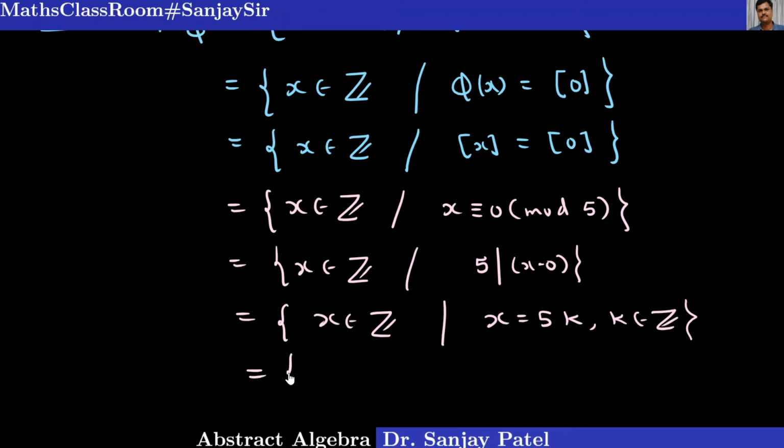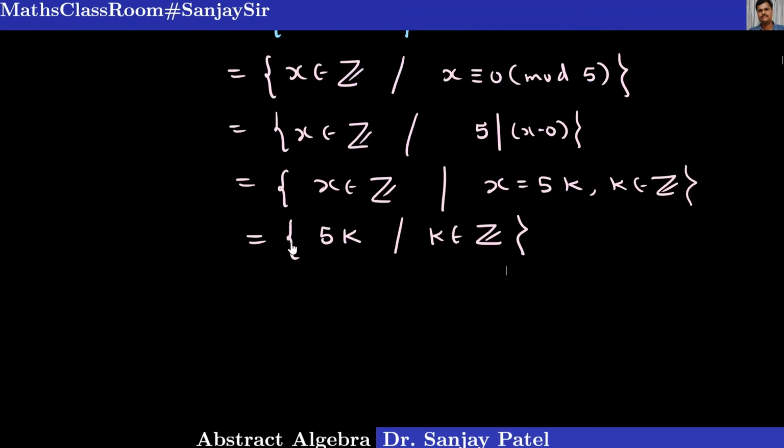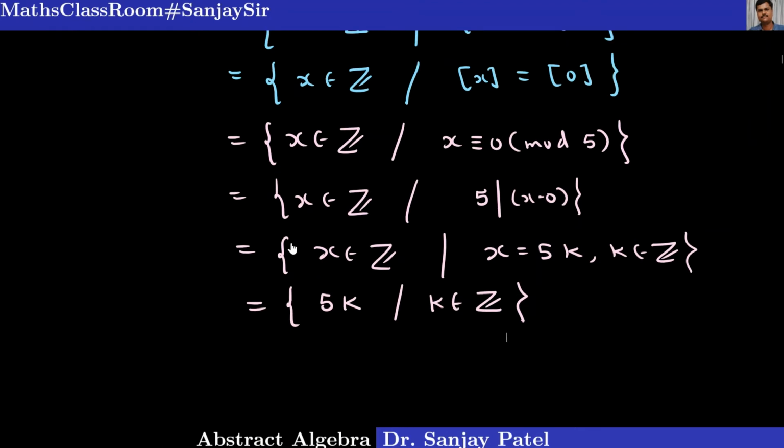So this set is nothing but all integers of the form 5 times k, where k belongs to Z. The notation for this set, the set of all multiples of 5, contains 0, plus or minus 5, plus or minus 10, and so on, and it is denoted by the symbol 5Z.